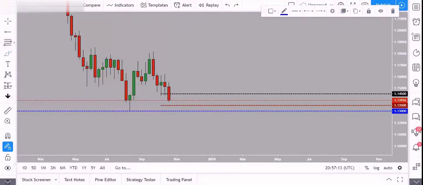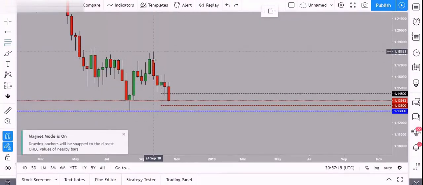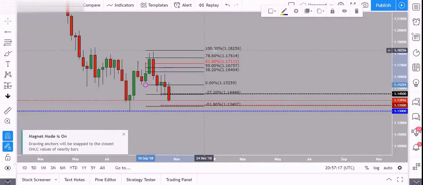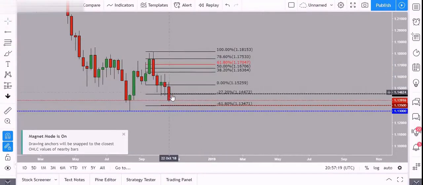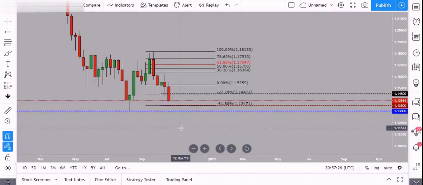And I want to use fib and I want to see which minus 27 I will get. When I'm doing it, you can see minus 27 is exactly 1.1450, the round number I told you. And the second target, 1.1350, is exactly minus 6180 from the previous leg. You can see how accurate it is.